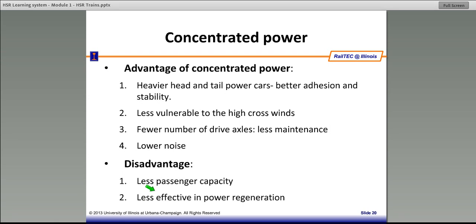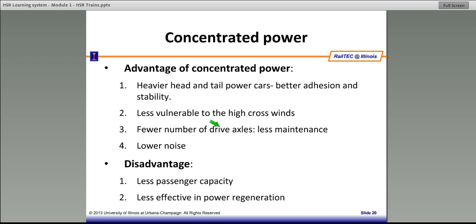Then it's less vulnerable to the crosswind. We know that the crosswind could be harmful to the train running at high speed. So the heavier train at both ends should provide more stability. So it's less vulnerable to the crosswind.